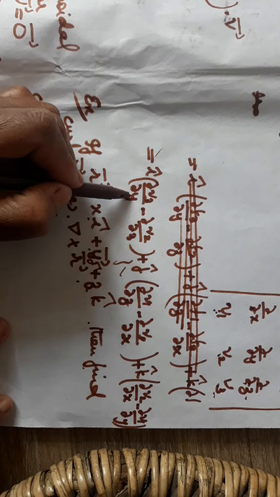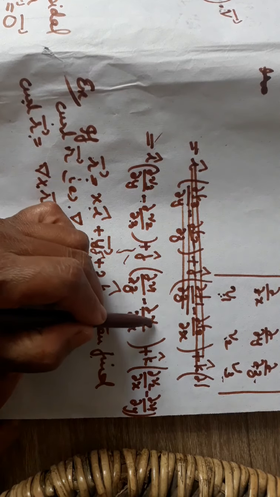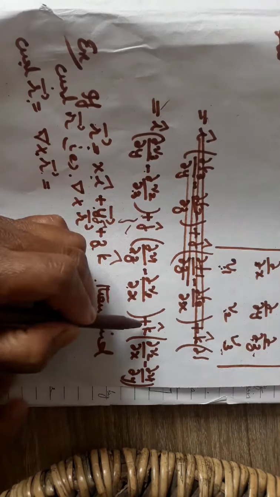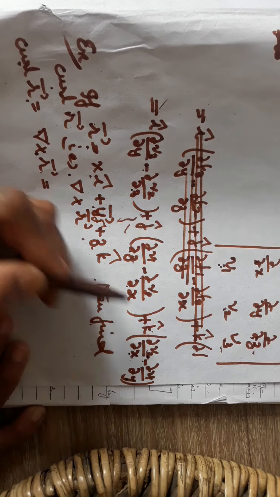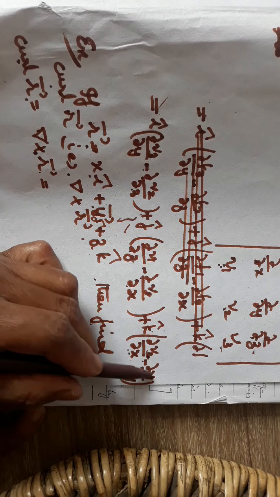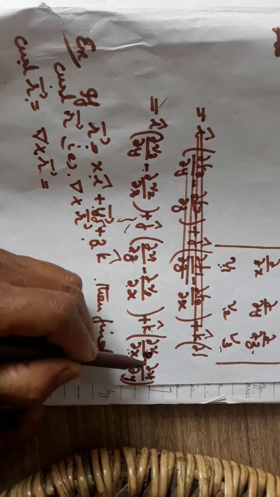Now use the determinant rule. It gives you i into del v3 del y minus del v2 del z, plus j into del v1 del z minus del v3 del x, plus k cap into del v2 del x minus del v1 del y.